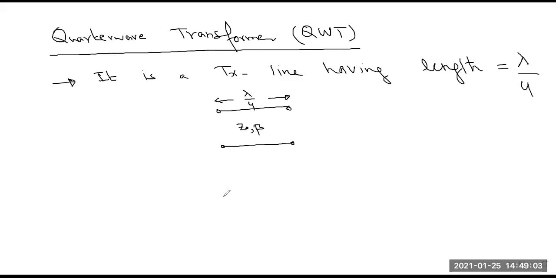Why this length of transmission line is useful for us as a microwave engineer? इसका जो एक यूज जो भी हम डिस्कस भी करेंगे वो ये है कि इस पर्टिकुलर ट्रांसमिशन लाइन को हम यूज कर सकते हैं फॉर इम्पिडेंस मैचिंग.